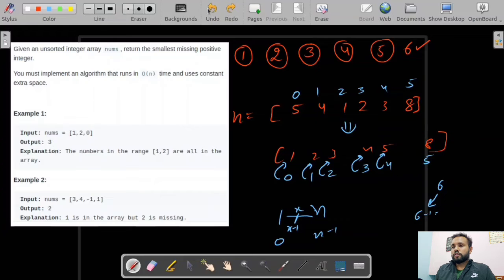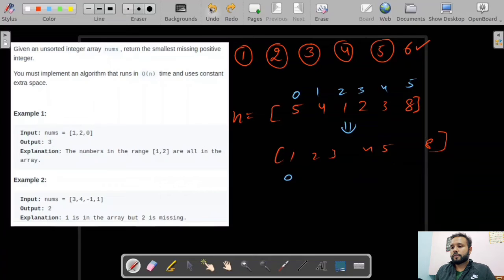So this information will help us to find the first missing positive number. Okay, let's try to sort it. You will get it while I am solving this. It's very easy.